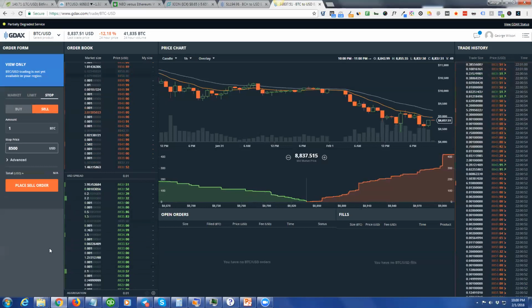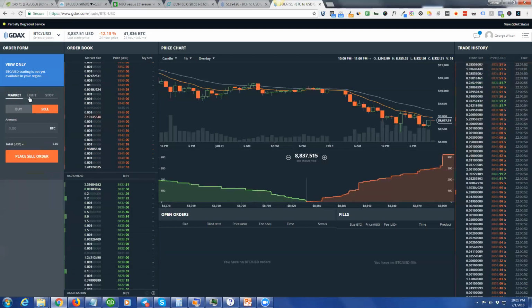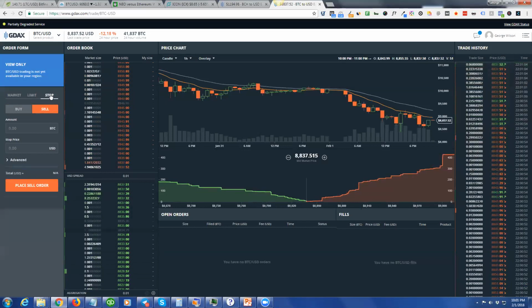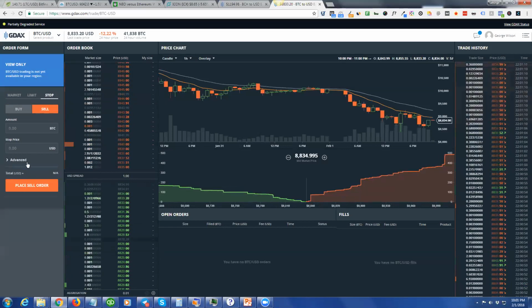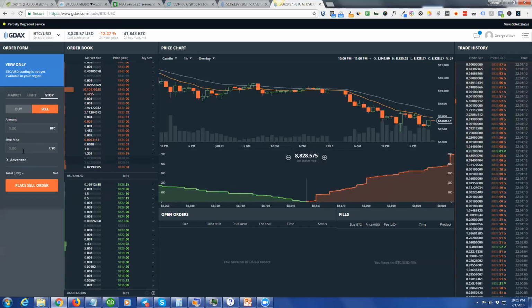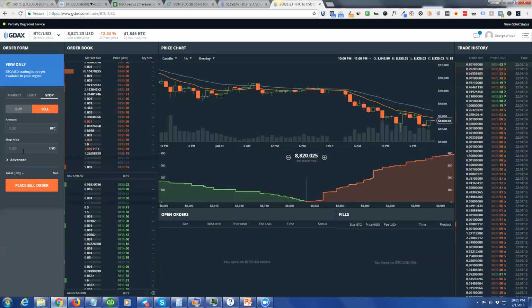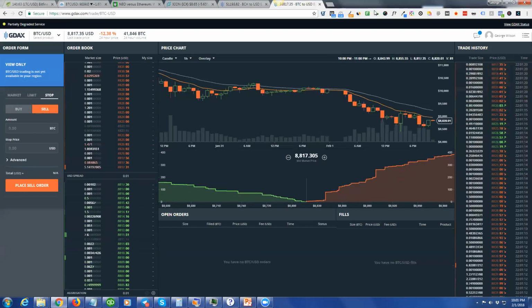Does that make sense? So you got your market order, you got your limit order, you got your stop. A stop really is a market order, but it only happens if your price goes down to the price that you're saying you want to stop out at. It actually closes at whatever price they can get. Does that make sense? Any questions?